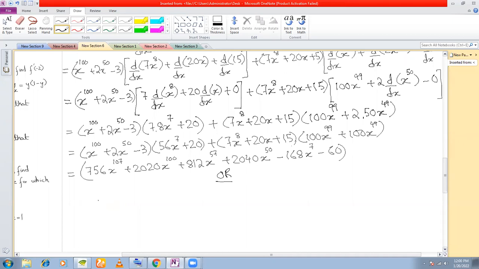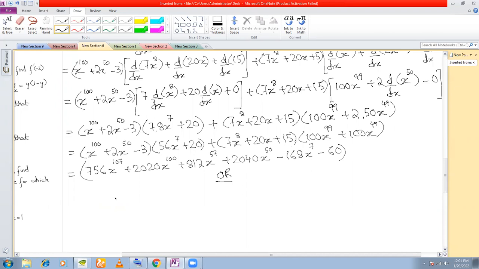In this case you have a product of two polynomials. You can have a product of three, four, five polynomials. Howsoever many polynomials you get, it is always advisable to multiply the polynomials first and then proceed. So this is a better way.